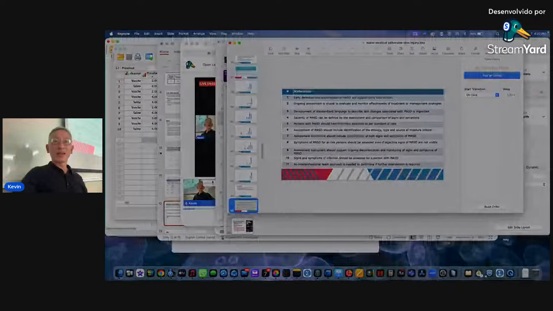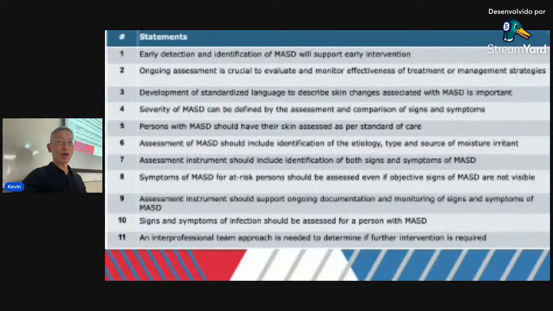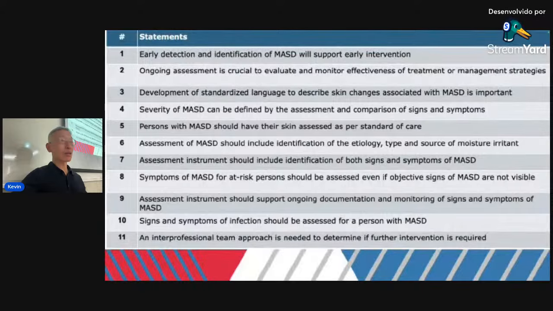Okay, continue on. I'm almost finished, so bear with me for a few more minutes. We're also in the process of developing some of the consensus statements along with the tool instrument that we're developing. Love to hear your feedback and comments about the utility of this type of tool, whether there's a need.